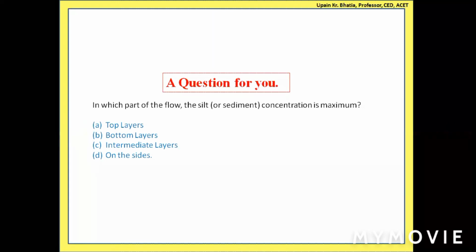the answer is bottom layers, because the silt is simply the sediment particles which are either suspended or they are rolling. In general, it is called sediment. The sediment size will determine whether it is silt or a boulder or something else. Basically, when the water flows from the torrential streams in the hilly area, it attains more and more velocity as it moves down, and it carries some stones or some boulders along with it.